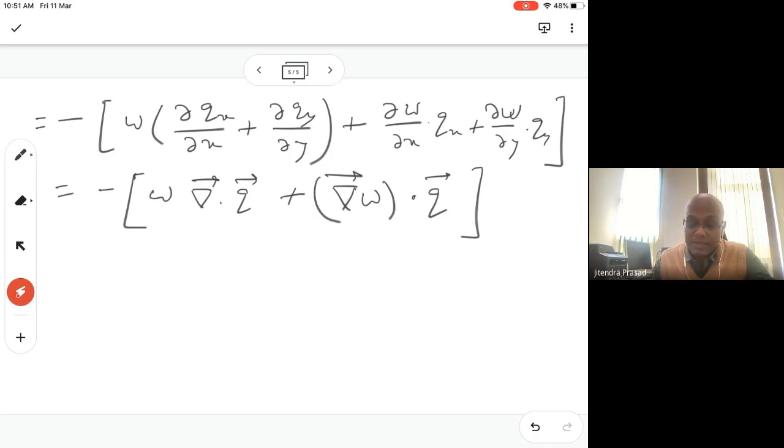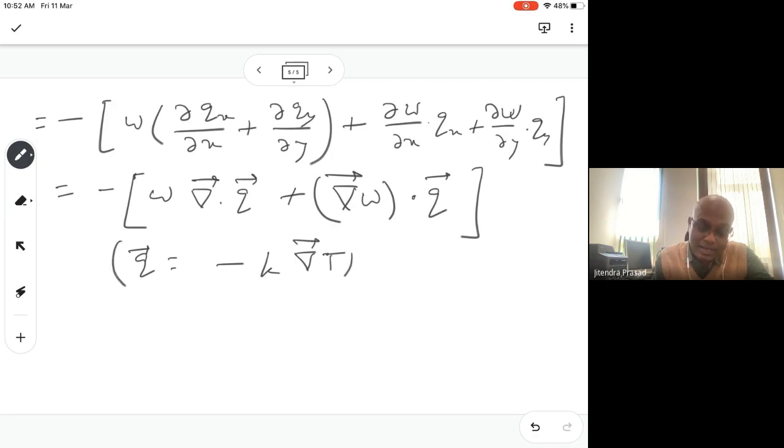Okay. So now we can convert back to q is equal to minus K gradient of T, right? If you put it back, then this becomes equal to w, right?